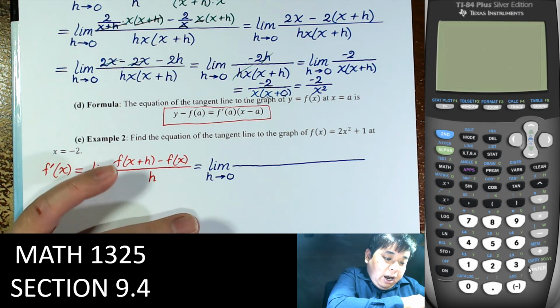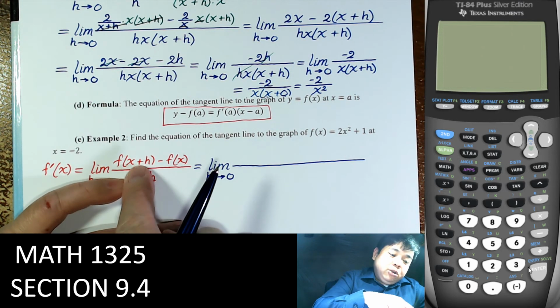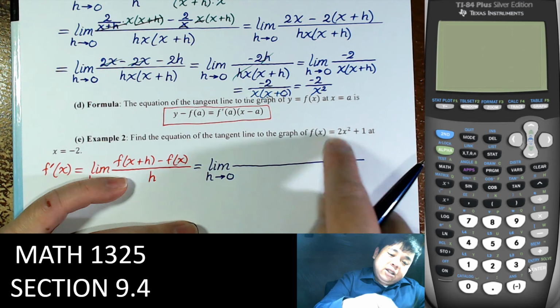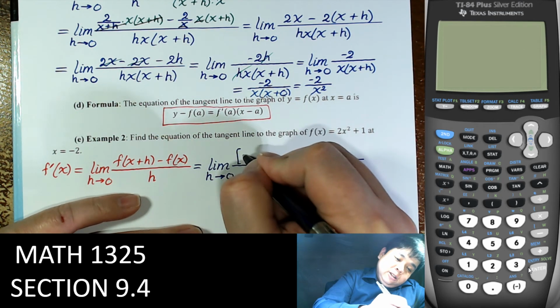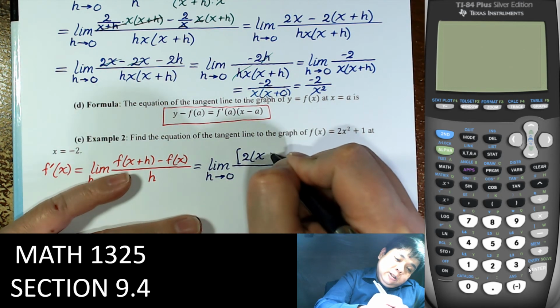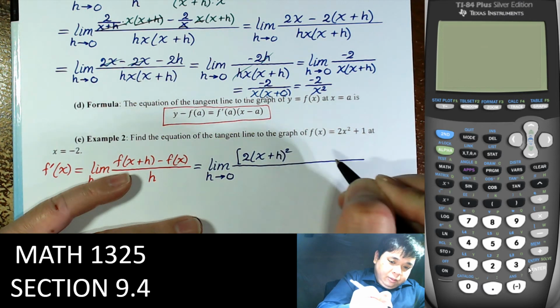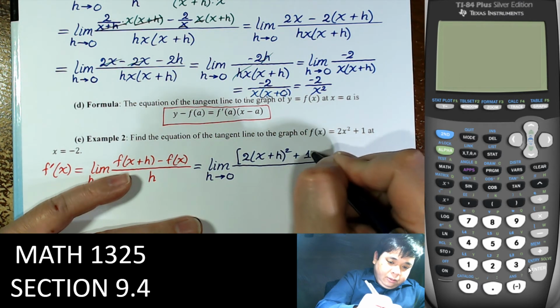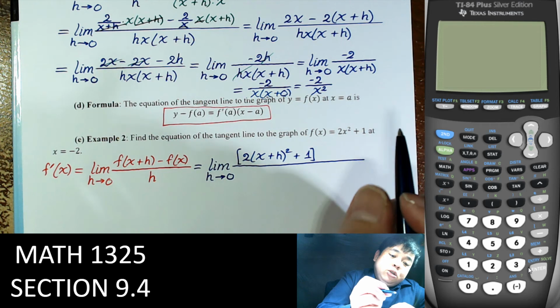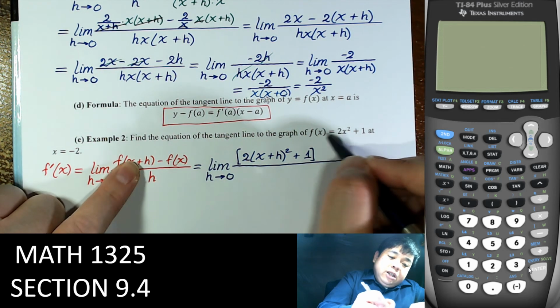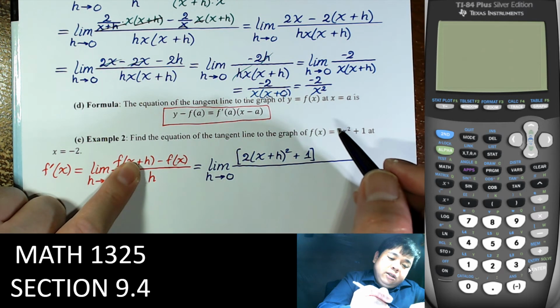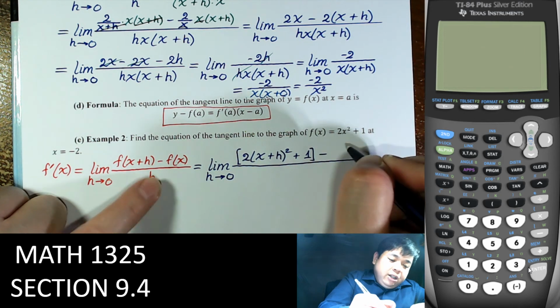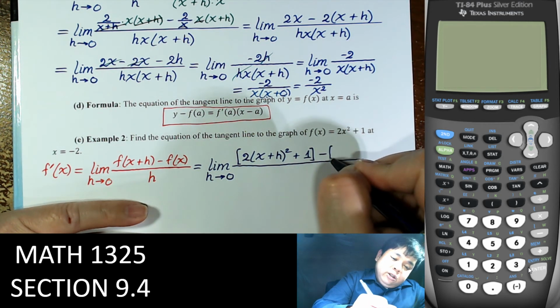Right, f of x plus h, once again substitute x plus h into this x and this x, and then we subtract f of x, which is the original function.